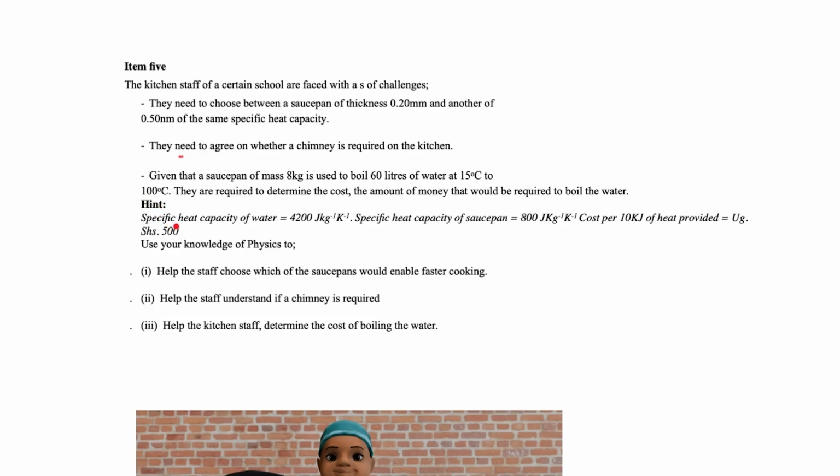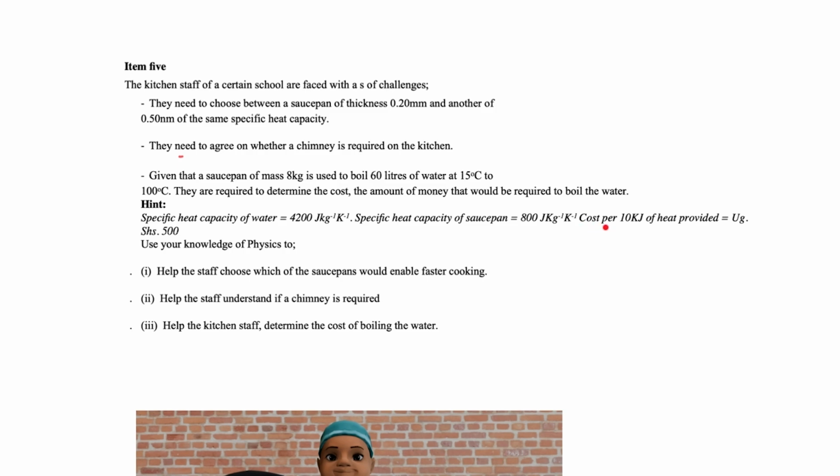Down here, we have been given a hint. The specific heat capacity of water is 4,200 joules per kilogram per Kelvin. The specific heat capacity of the saucepan is 800 joules per kilogram per Kelvin.